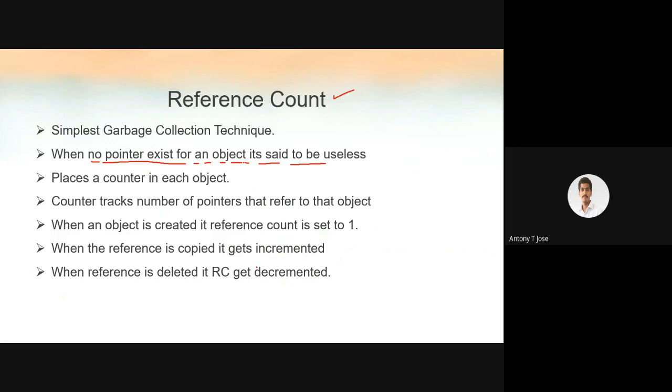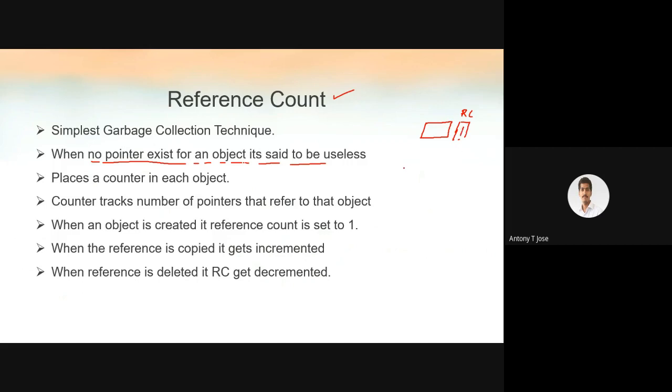When an object is created, a reference count is attached to it. Automatically, when an object is created, there will be a reference to that object. So the initial value of the reference count is 1.